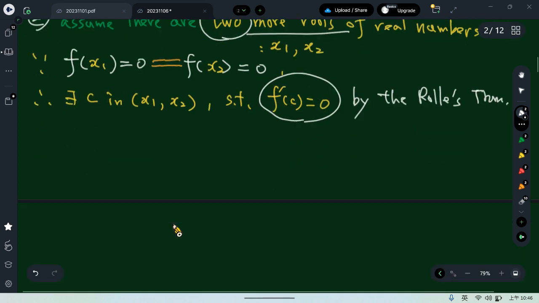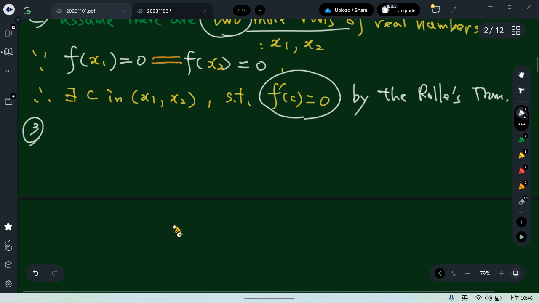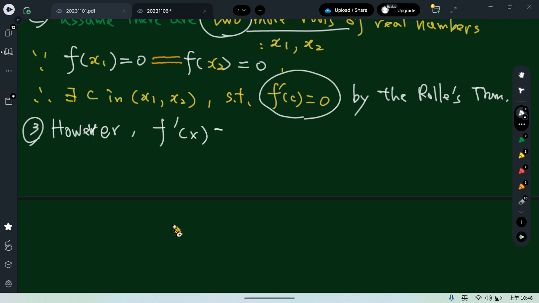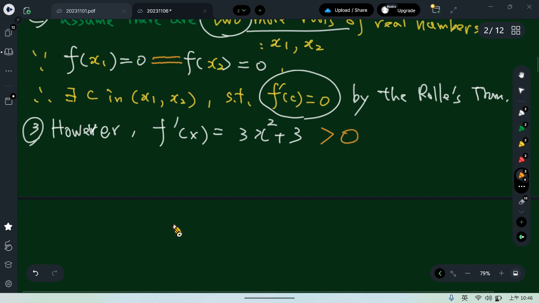However, in step 3, when we differentiate f of x, we get 3x squared plus 3, which is always positive.